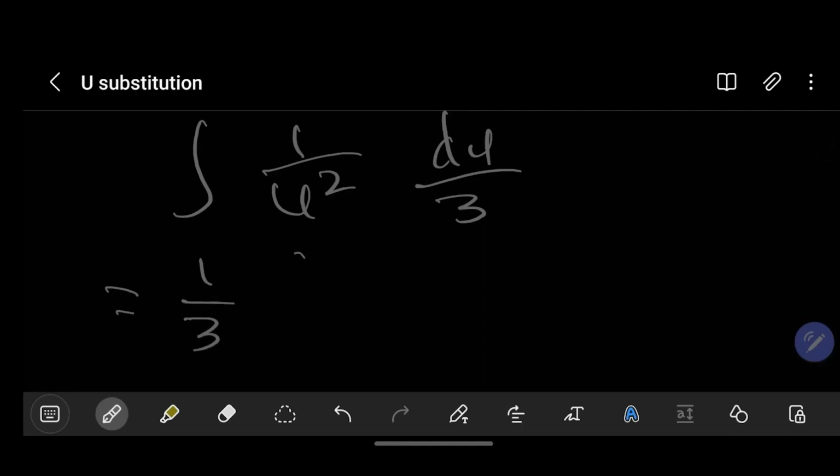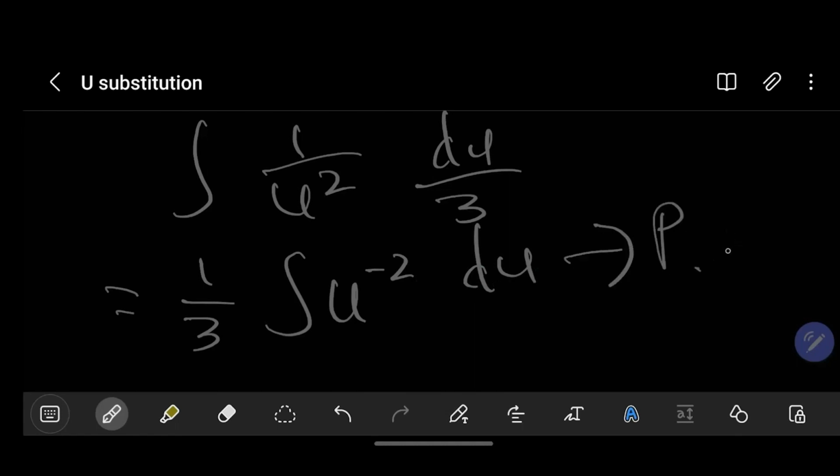The integral of 1 over u squared can be rewritten as u to the minus 2 du. And once again, this is something recognizable. This is the power rule.